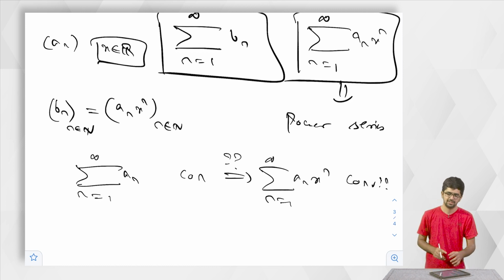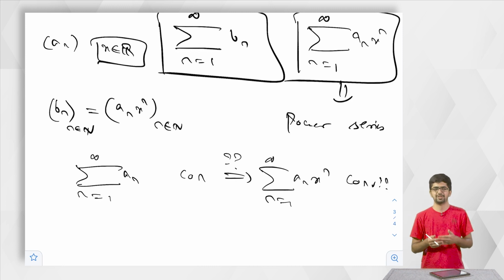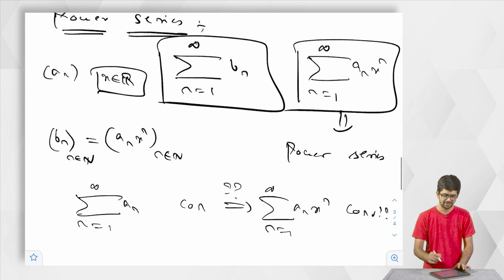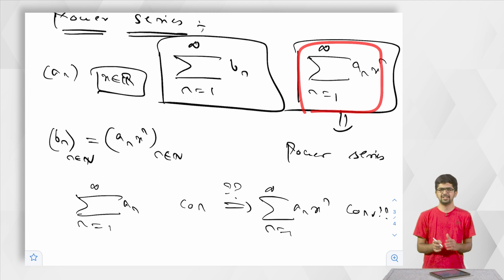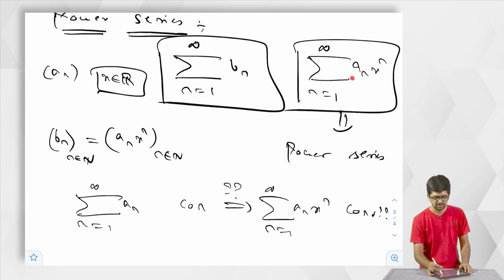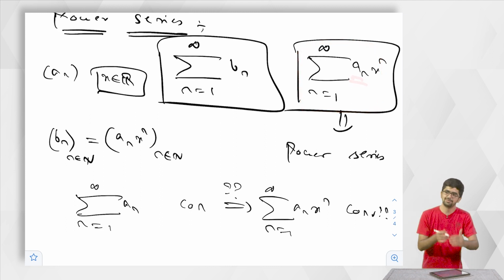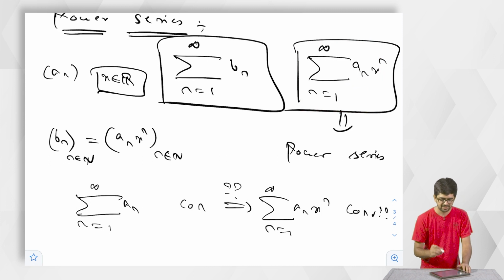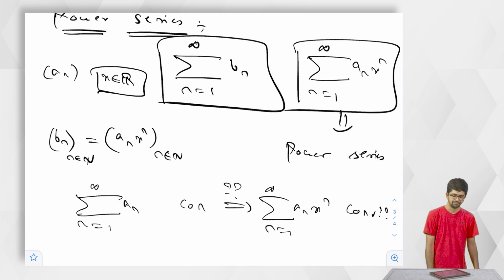Do we know that? Is it fair enough to expect something like that? That is the question. It looks like it depends only on convergence of a_n. So I am assuming it is convergent. Then can I say for sure that for any x this is convergent? That is the question that we are trying to ask.